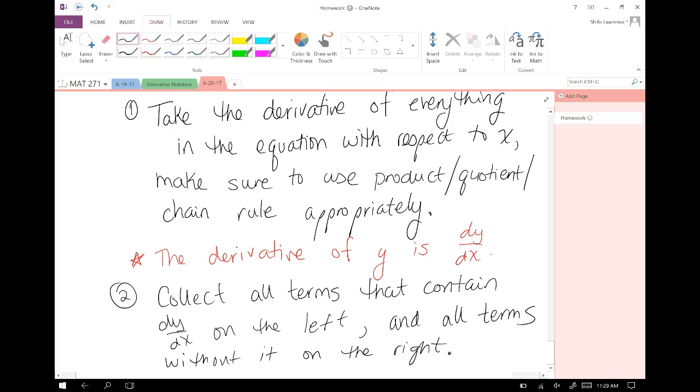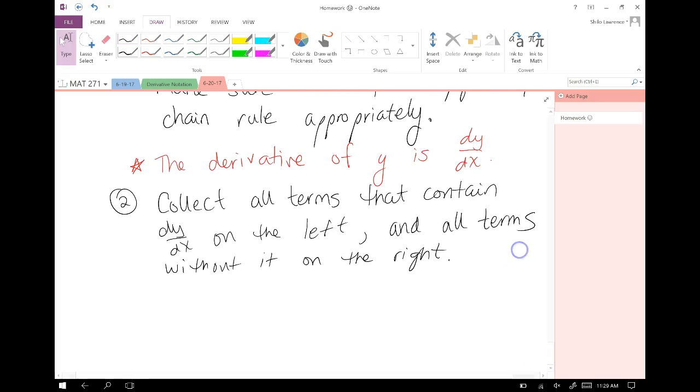So this is how we can take a problem that has dy dx appear multiple times and simplify it down to just appearing once. Because if we collect all those terms that have dy dx on the left, we can factor the dy dx out, and then it will just appear once. So we're going to factor dy dx out of all of those terms on the left.